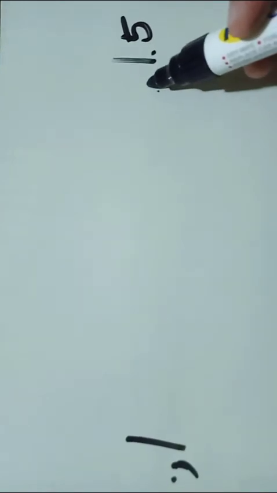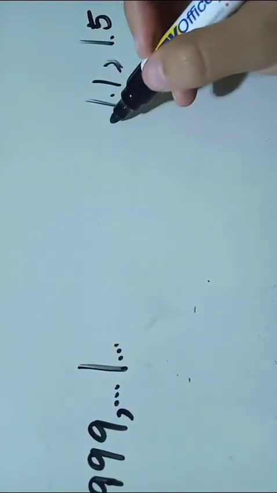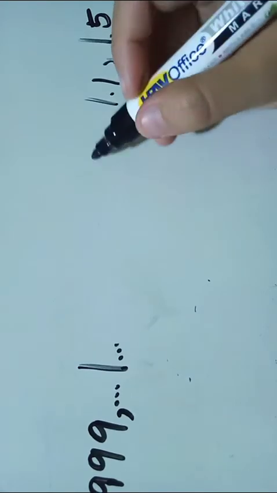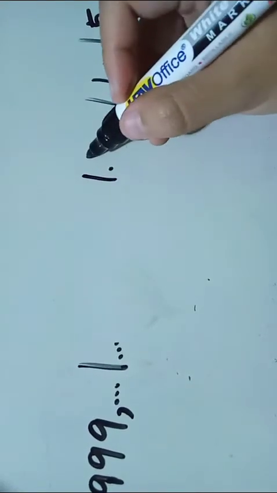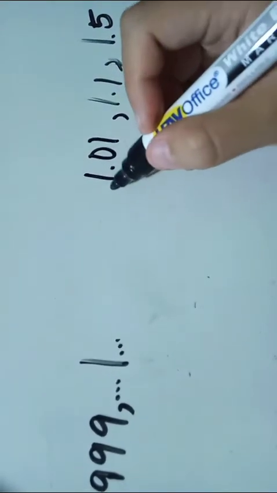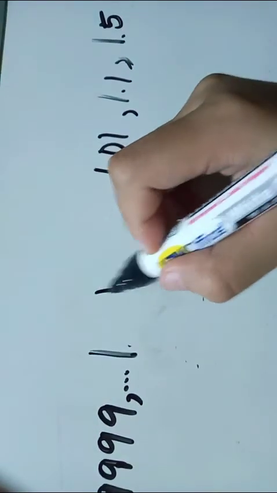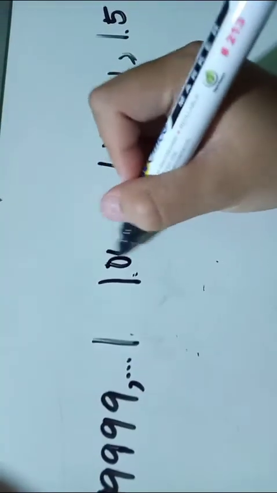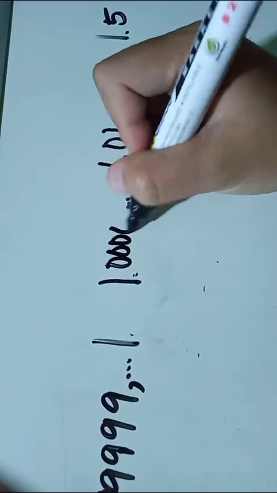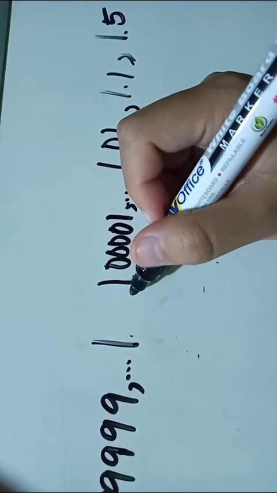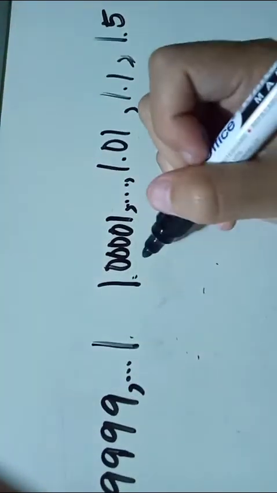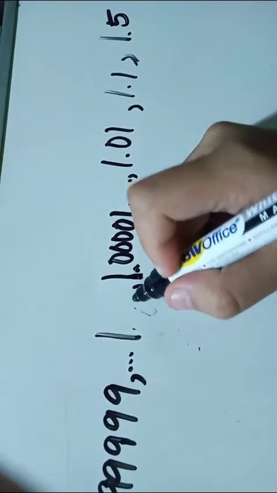So, 1.5, 1.1, 1.01, up to 1.00001. And these decimal values approach 1.